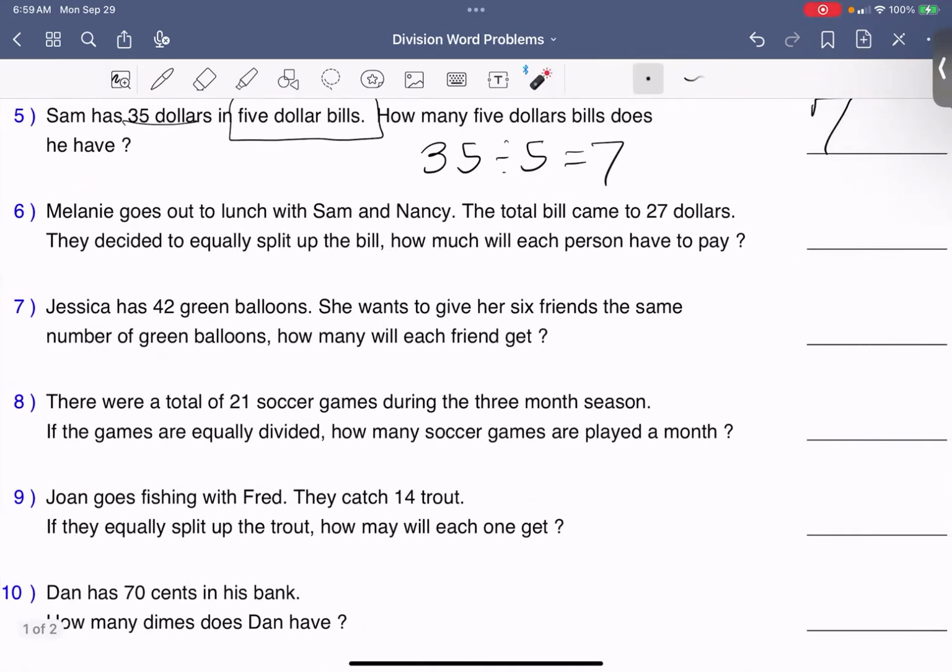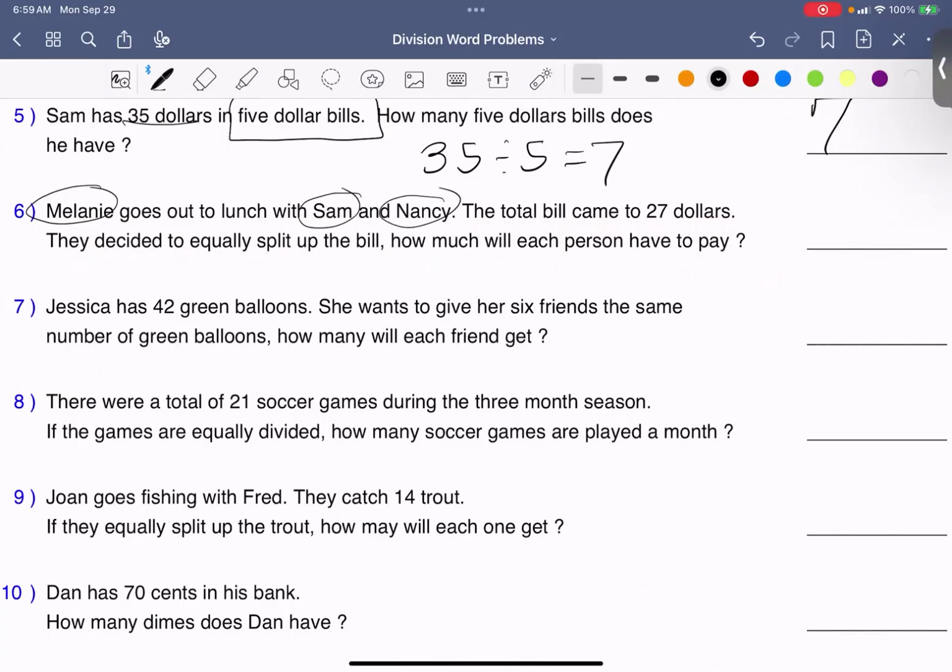Number six, Melanie goes out to lunch with Sam and Nancy. The total bill came to $27. They decided to equally split up the bill. How much will each person have to pay? So let's see. There's one, two, three people.